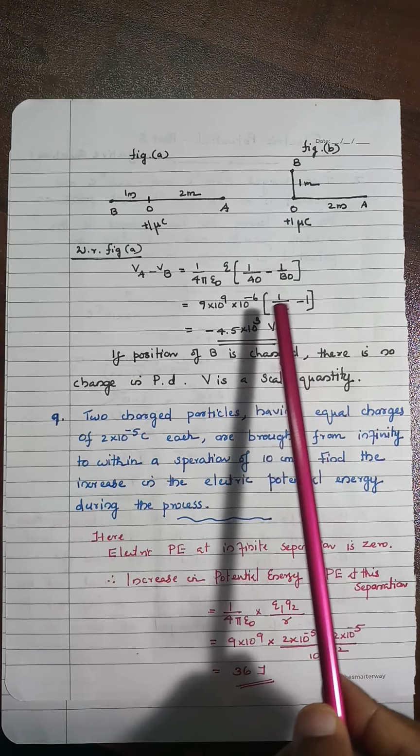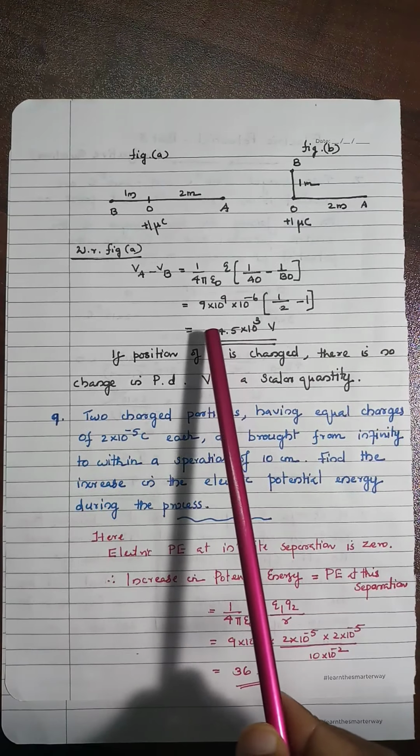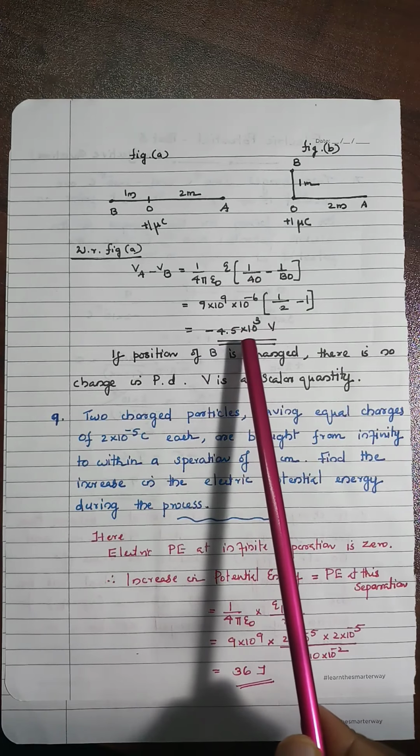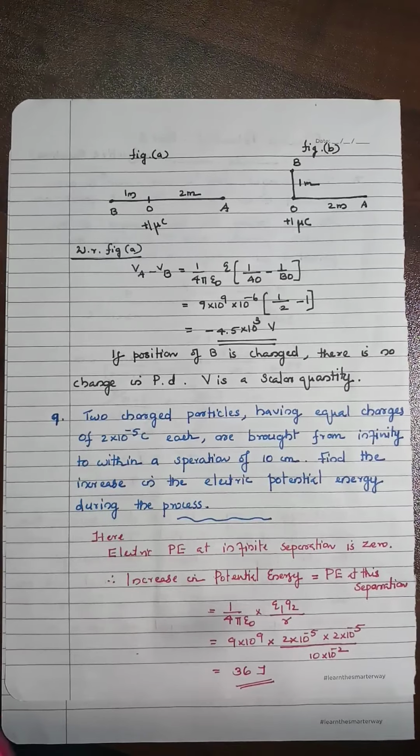So 1 by 2 minus 1, it becomes minus half. 2 and 9 cancel. You get the value 4.5 into 10 raised to 3 volt with the negative sign.